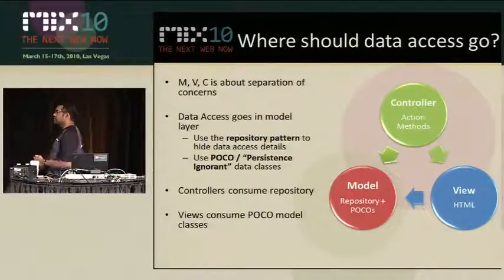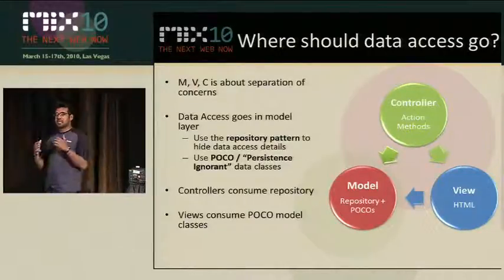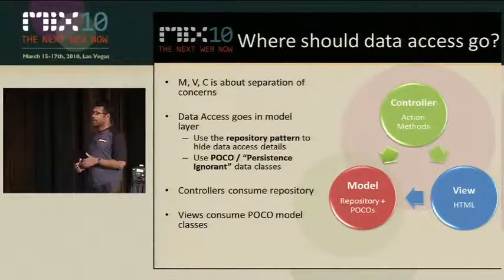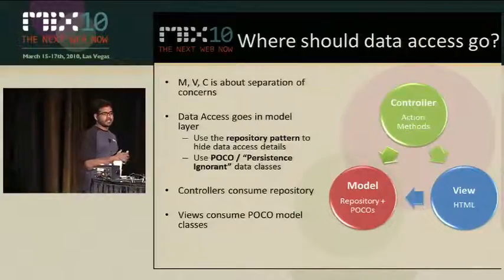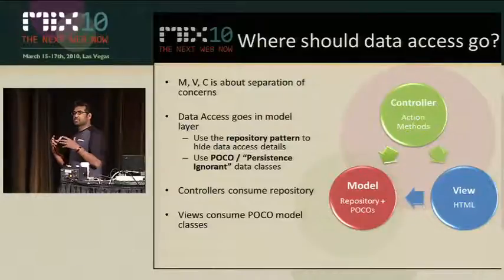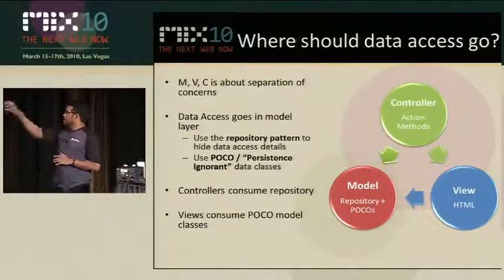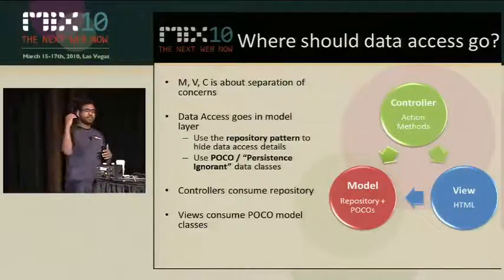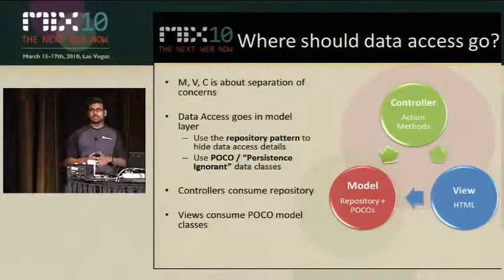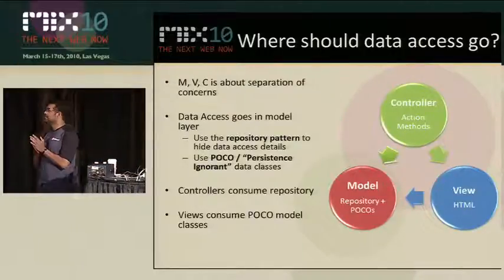So MVC stands for Model View Controller, and what it's really about is separating the different concerns of your application into clear and distinct layers. So you've got the model layer, which is really just encapsulating the data, the core data that your application is dealing with. You've got a view, which is dealing with presenting that data to the user in some beautifully designed way, like my Vegas background there.